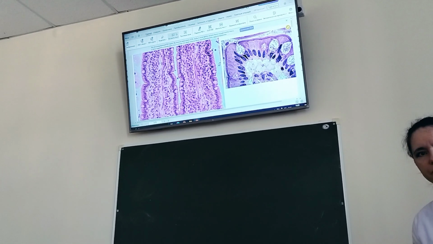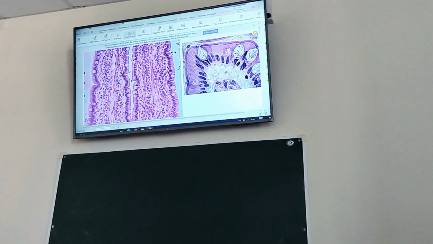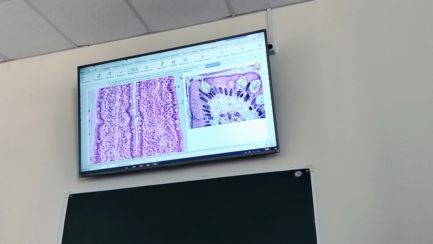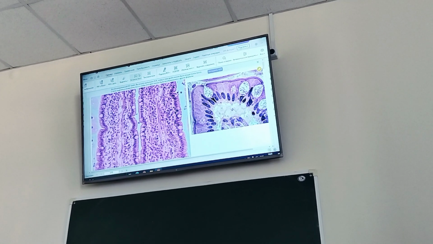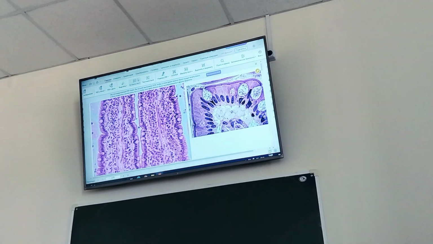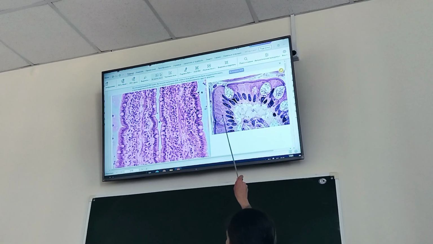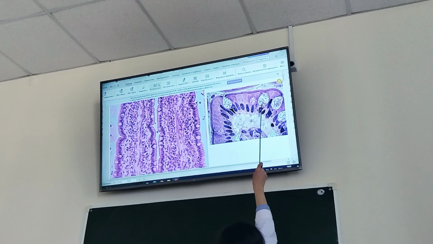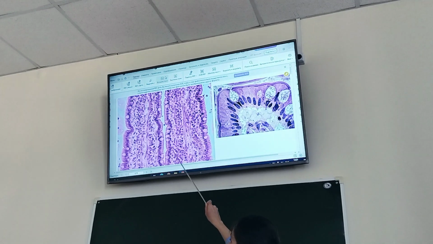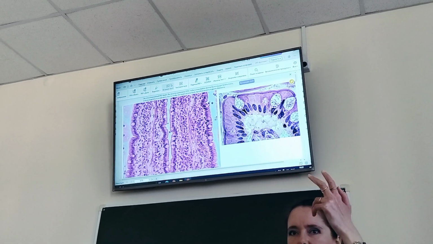Now epithelium. So let's try to identify what type of epithelium it is. First of all, it is simple, single layer, columnar. This is low magnification. This is high magnification. Here I can obviously see two intestinal villi.